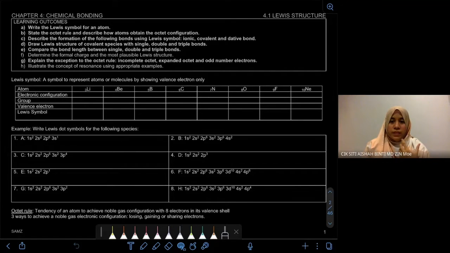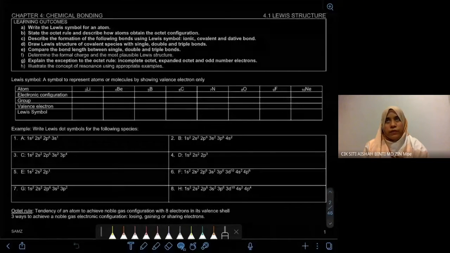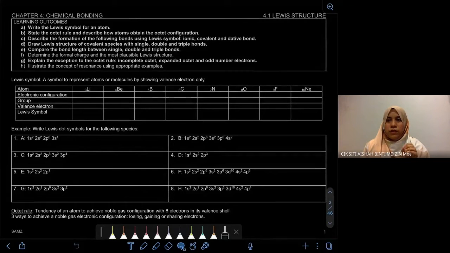Okay, so what will happen is that they will form a bond with another atom. Or it could be dia form bond dengan atom yang sama juga. Tapi for this case, kalau dia nak form chemical bond, it's actually from the valence electron sahaja. The electron on the valence electron tu yang akan interact with each other.